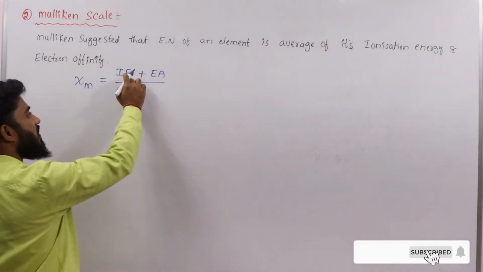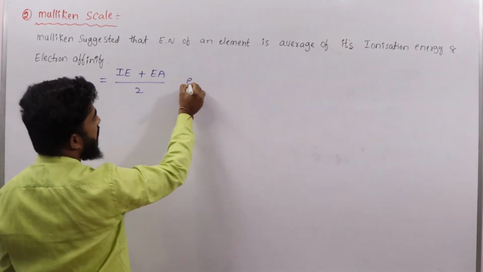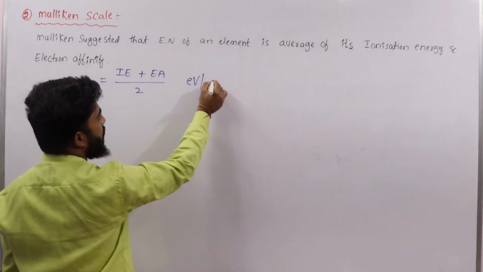Here, ionization energy and electron affinity both are in electron volt per atom.